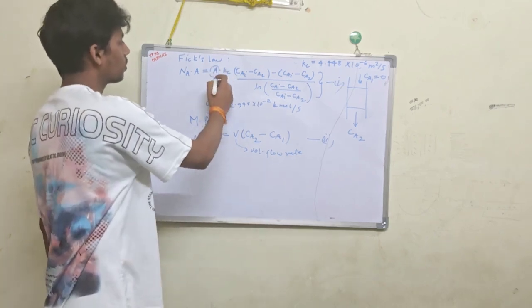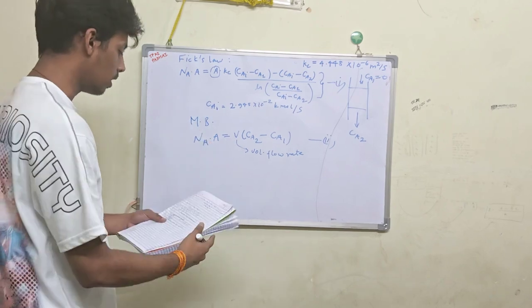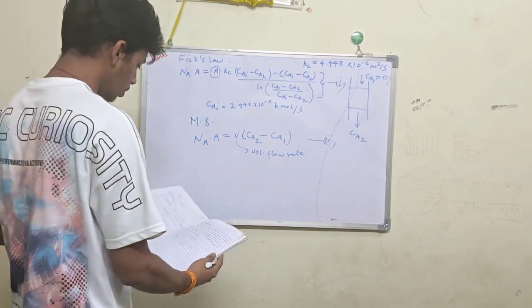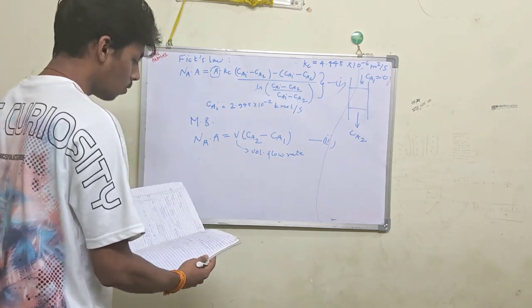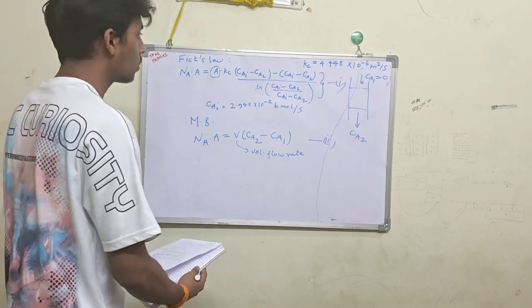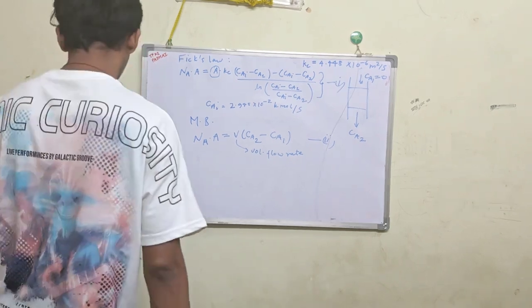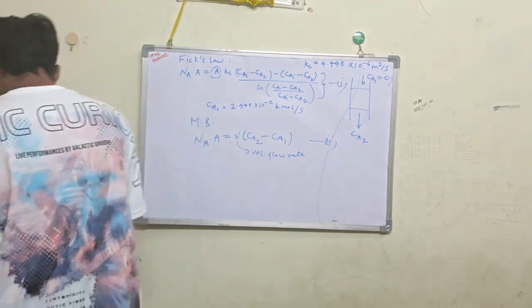Area, this area was given, which was total surface area, which is 0.01198 meters square. This was given already in the question. So let's put all these values.